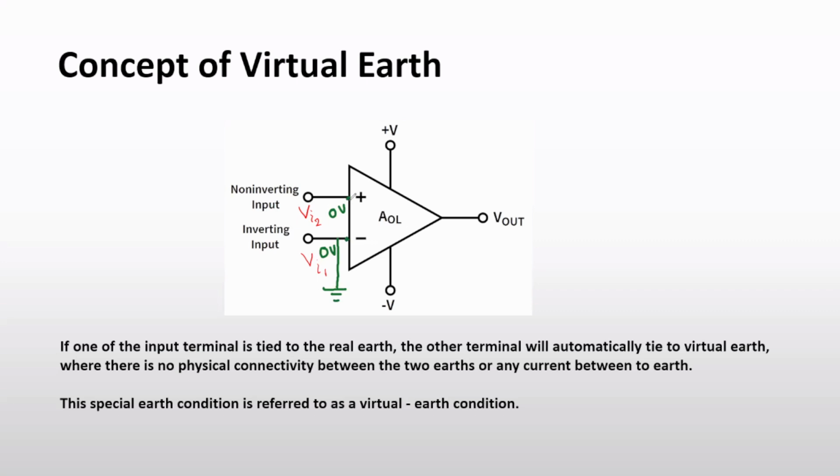We use this concept in our problems, but no matter what, you always have to keep the voltage between these two terminals equal. That's the main thing. Okay, let's move to the next one.